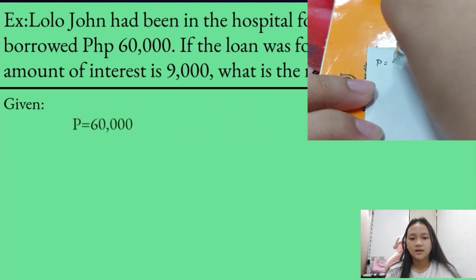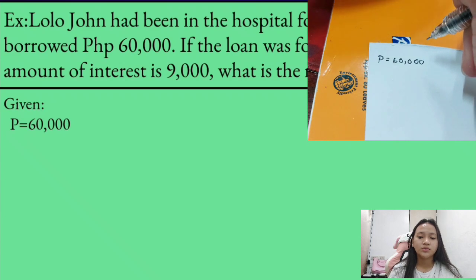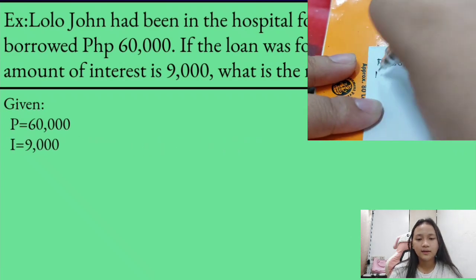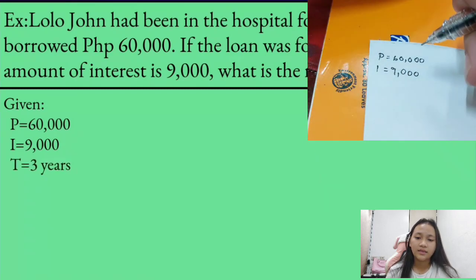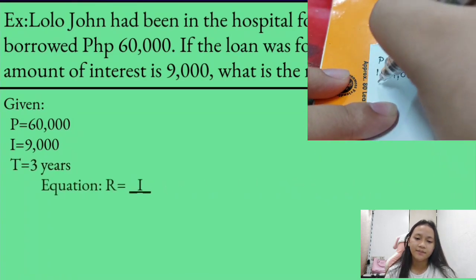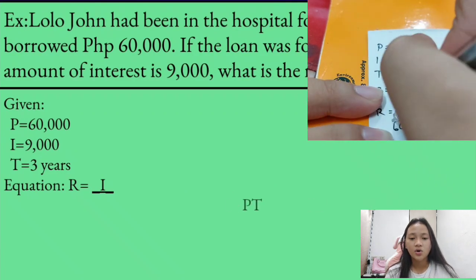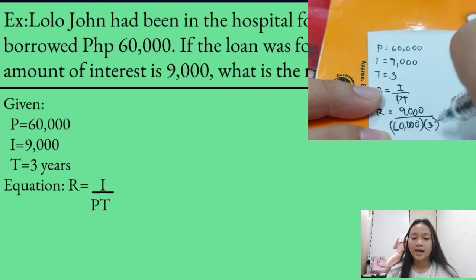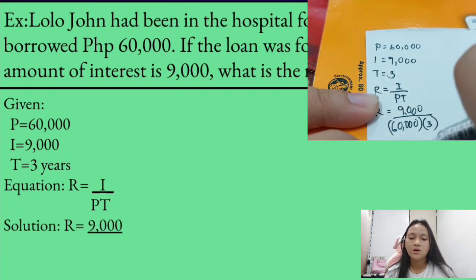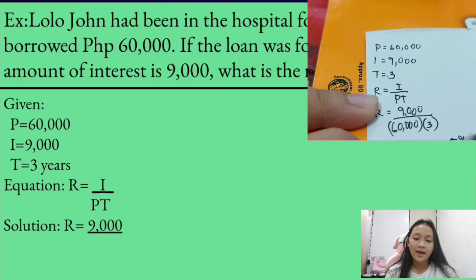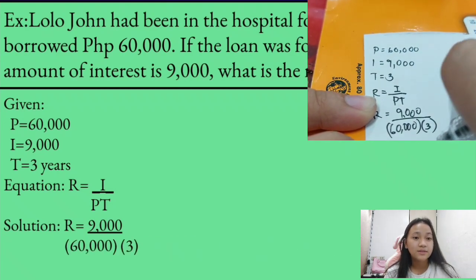First, get the given, and the given are P is equals to 60,000 and I is equals to 9,000, and the time is 3 years, and the equation is R is equals to I over P times T. So the solution is R is equals to 9,000 divided by 60,000 times 3.